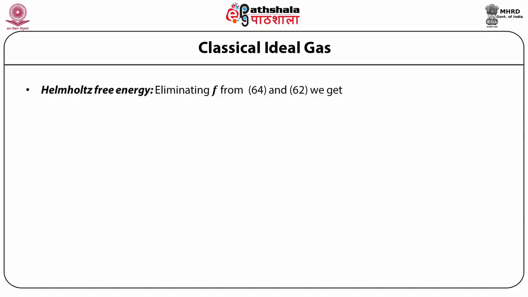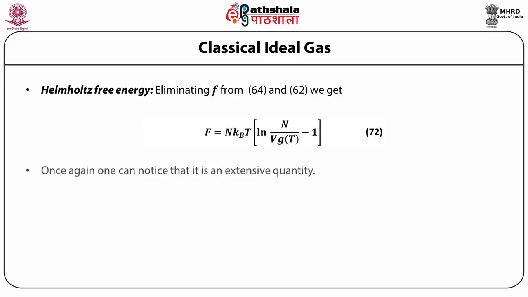Helmholtz free energy. Eliminating fugacity from 64 and 62, we get F is equal to N kBT log of N divided by volume multiplied by G(T) minus 1. Once again, one can notice that it is an extensive quantity.